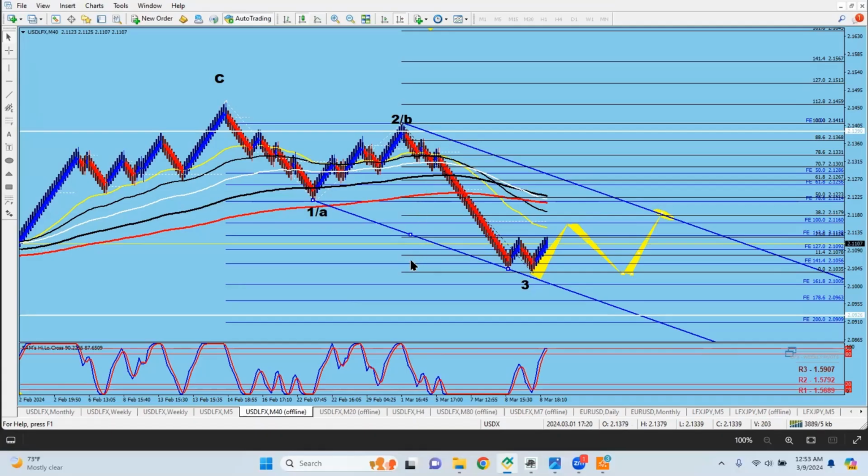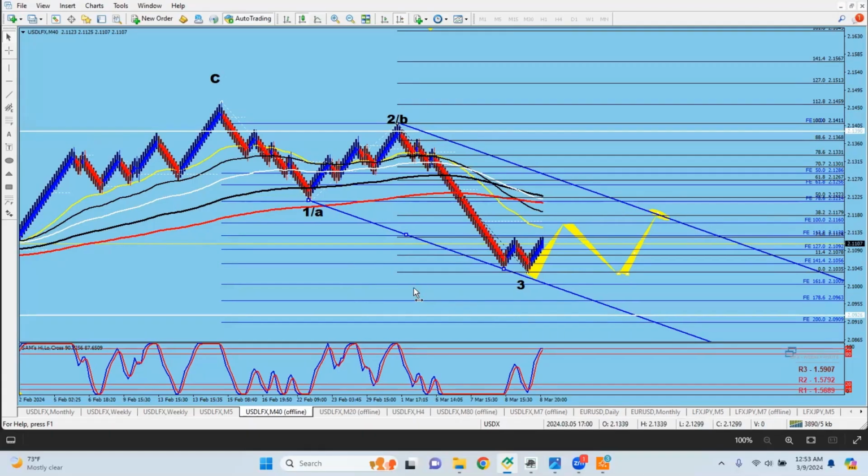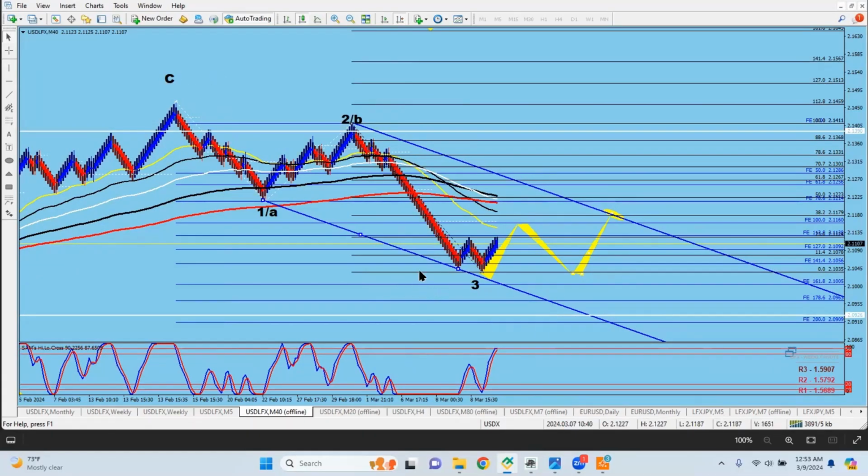Just simply one thing, that extension level that I mention all the time. If you think the 38% is coming here, right? And then you see the extension, for example, this is the low of this wave 3, and this 38% of that will be wave 4. What will be the extension for wave 5?